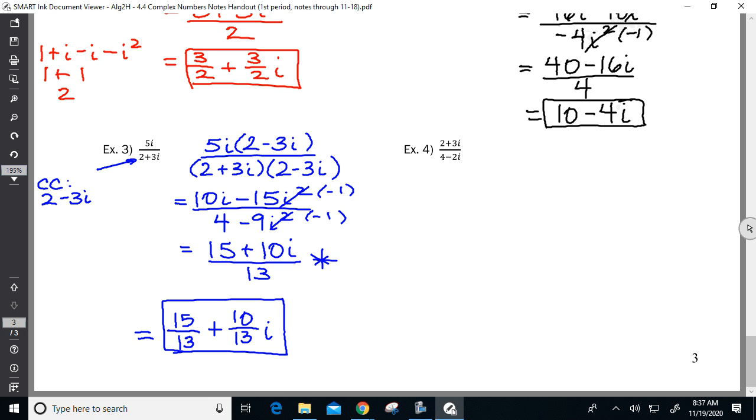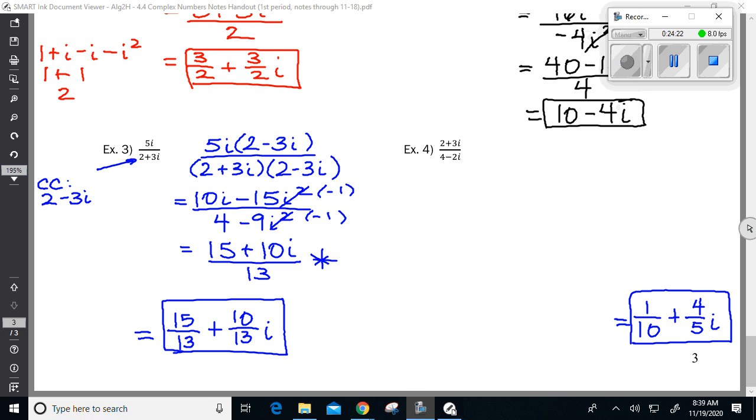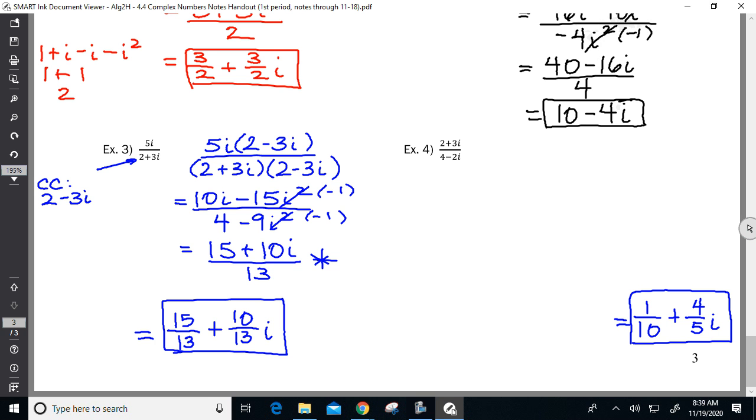All right. And let's go ahead and finish off with example 4. Same thing, give you a look at example 4. So example 4, take the complex conjugate and multiply it by the top and the bottom. So that's 2 plus 3i times 4 plus 2i.